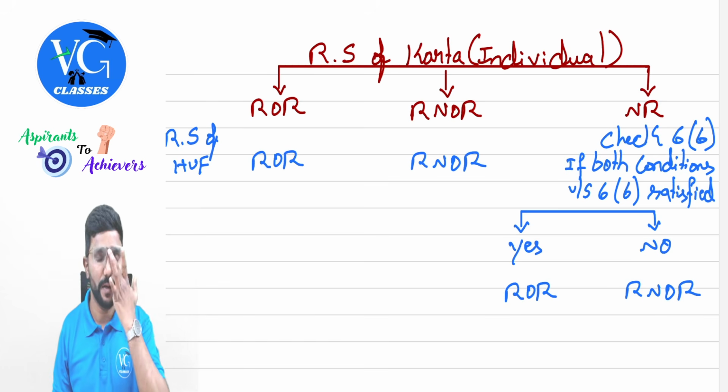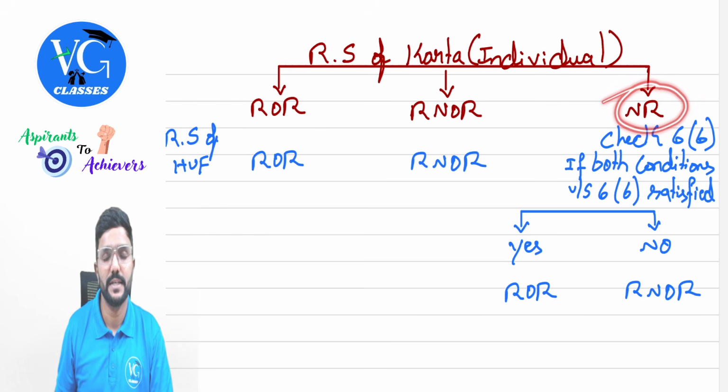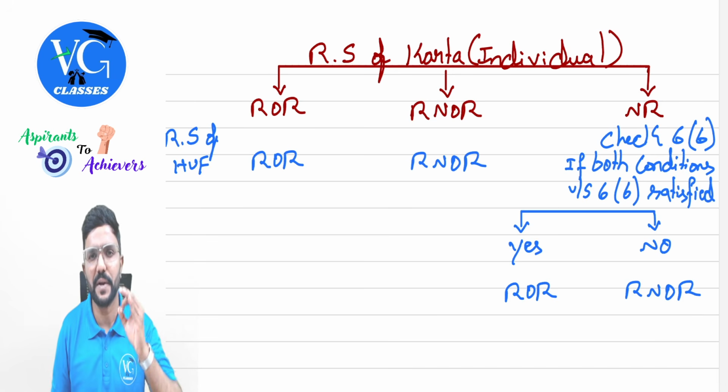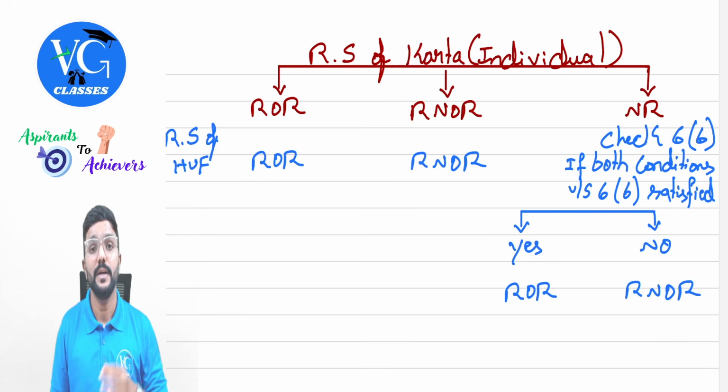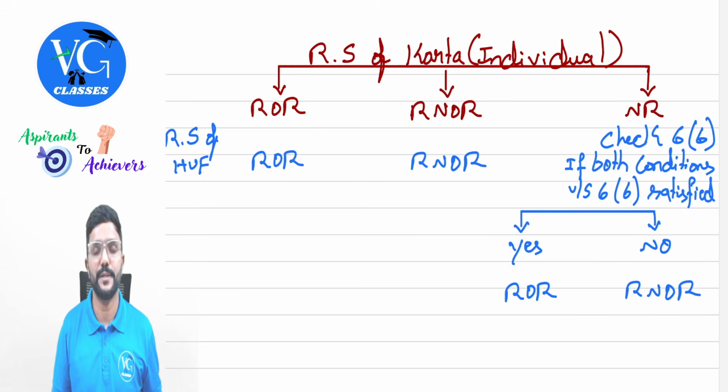That's all. Okay. Now please listen. If Karta is a non-resident, can I straight away tell HUF would be not ordinary resident? No. There can be one rare case where Karta might be non-resident, but still HUF can become ordinary resident. Sir, how is it possible?